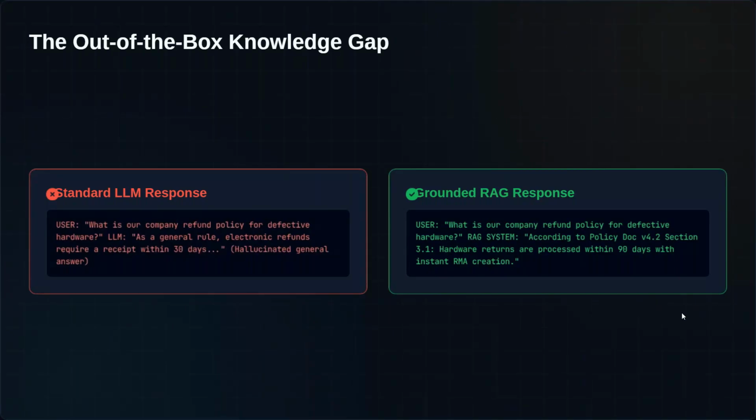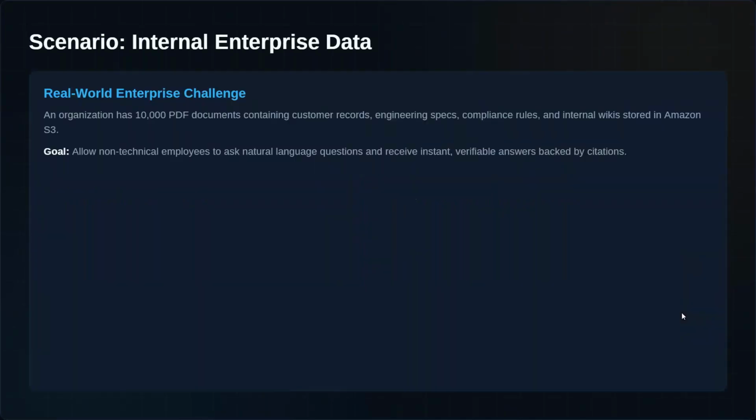It doesn't know the actual answer. But with a RAG response, we get: according to the policy document, from that particular document name, in the given section, hardware returns are processed within 90 days with instant RMA keys. So this is a grounded RAG response. This is how RAG works apart from the standard LLM.